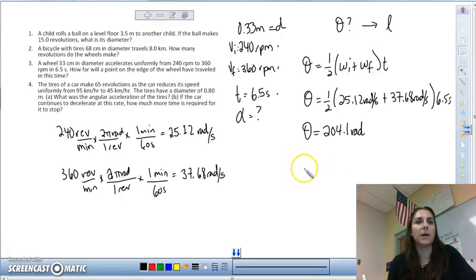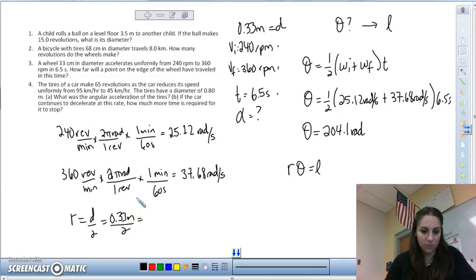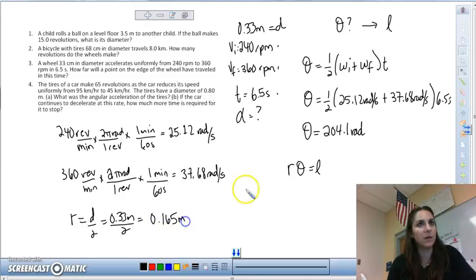So how far did we go? Well, remember that if we know r, and we multiply by the angle, we can get L. How far did we go, right? So r is going to be the diameter divided by 2, 0.165 meters, and then this is our radian measure.